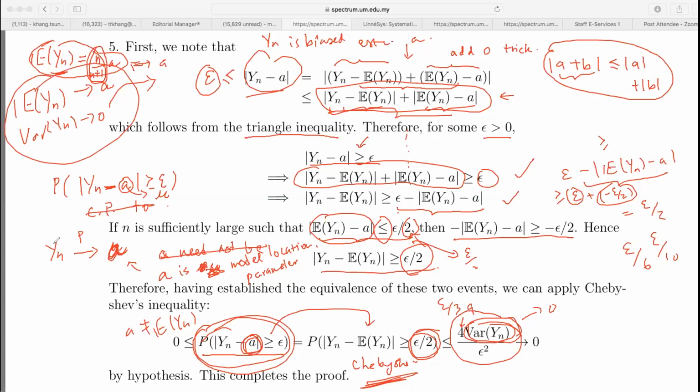You show that although the expectation of Yn is not a, it converges to a, so this is satisfied. Then you calculate the variance of Yn, and if you can also show that it converges to 0, then you can invoke that result.